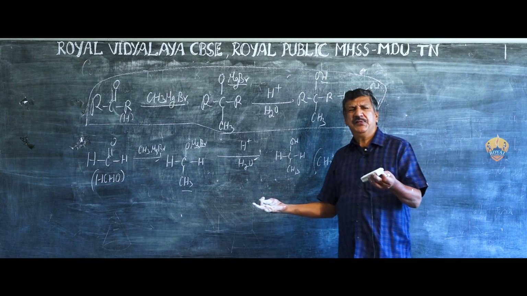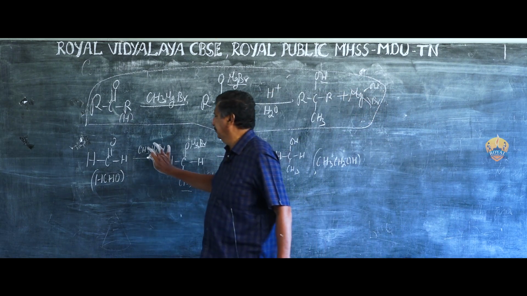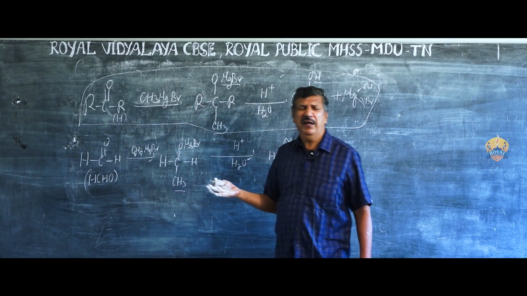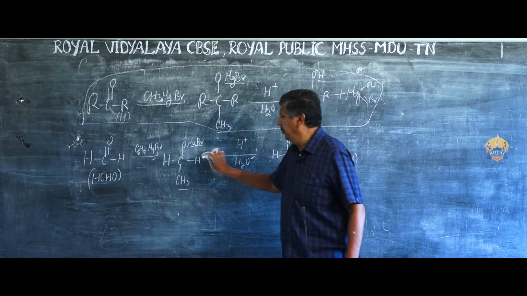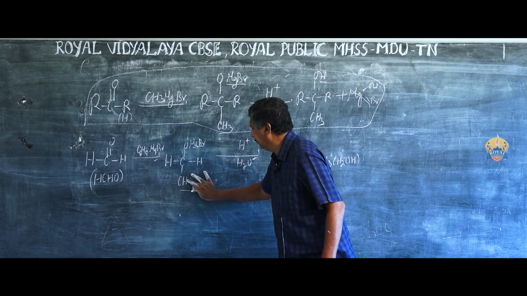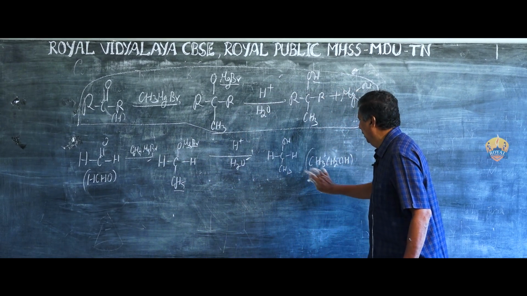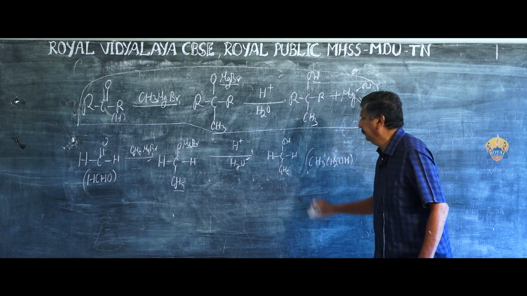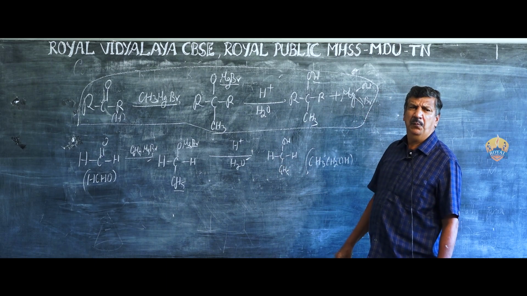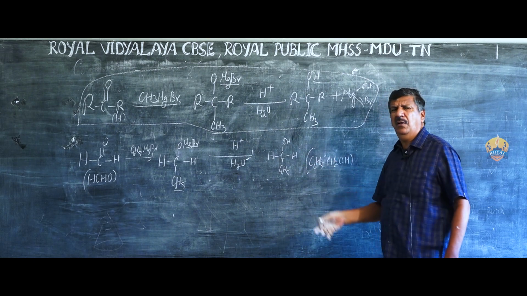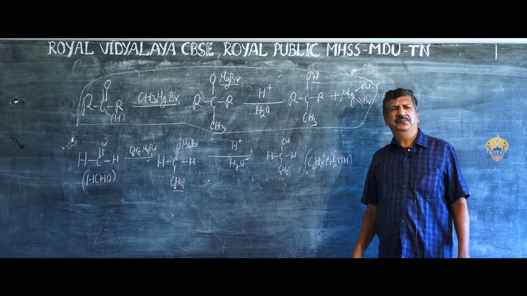If somebody asks you for phenyl magnesium bromide, don't be afraid. You just write phenyl instead of methyl. Now you watch this compound, it is nothing but benzyl alcohol, that's all.